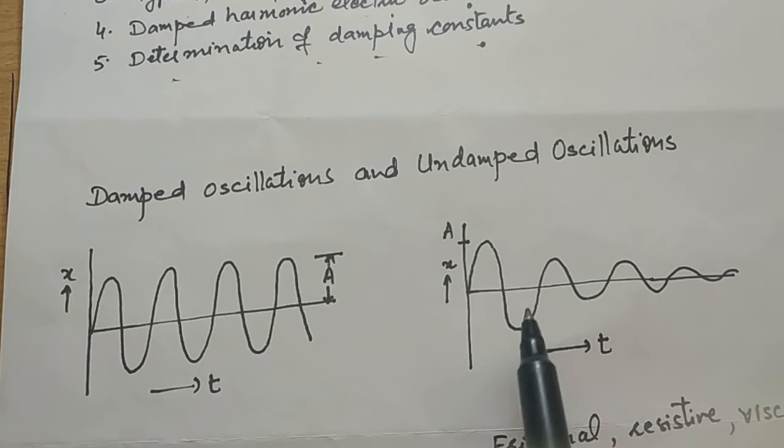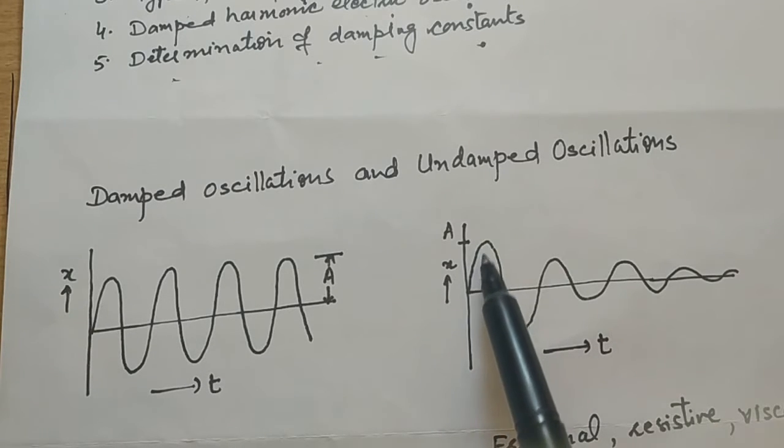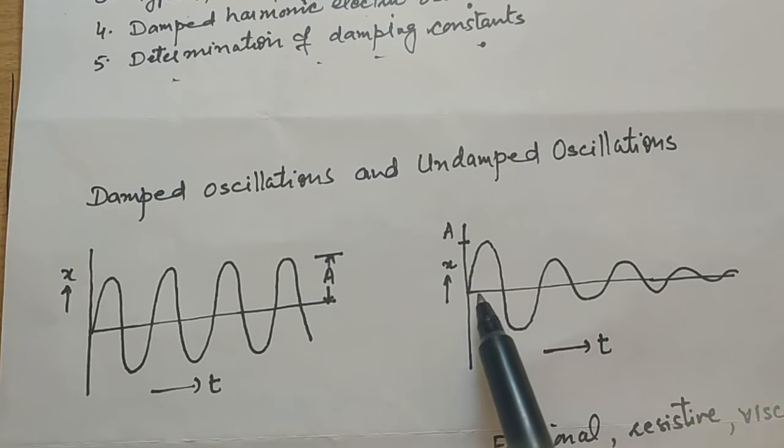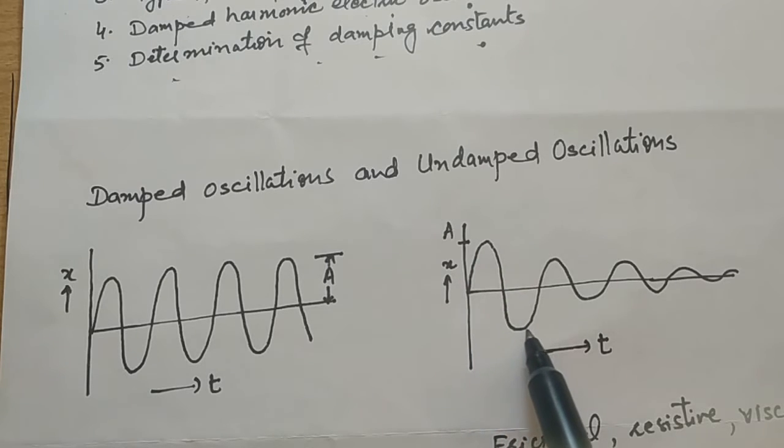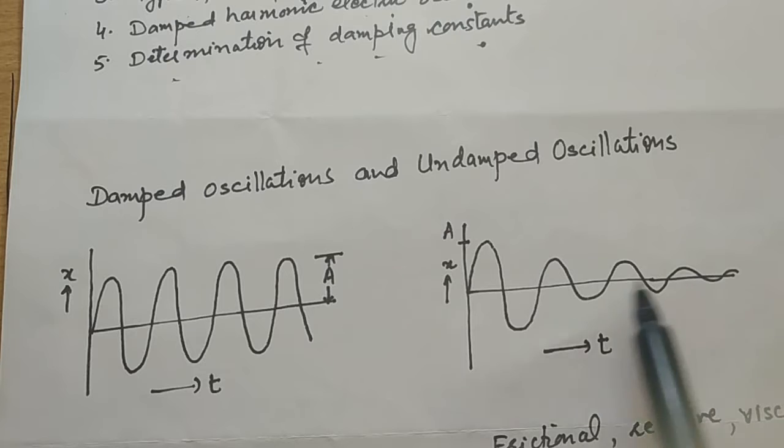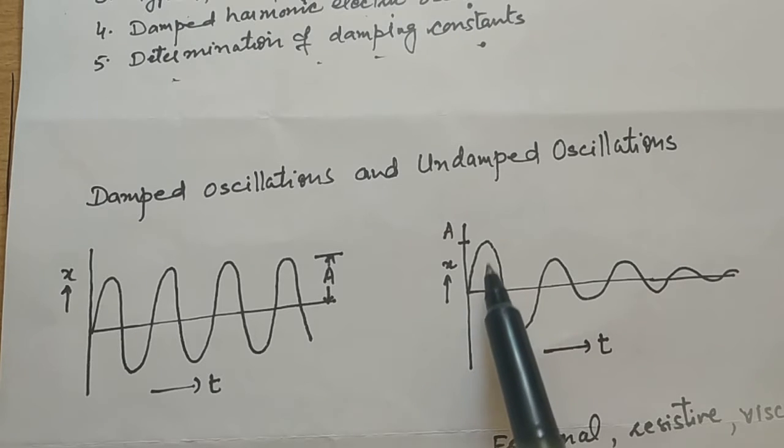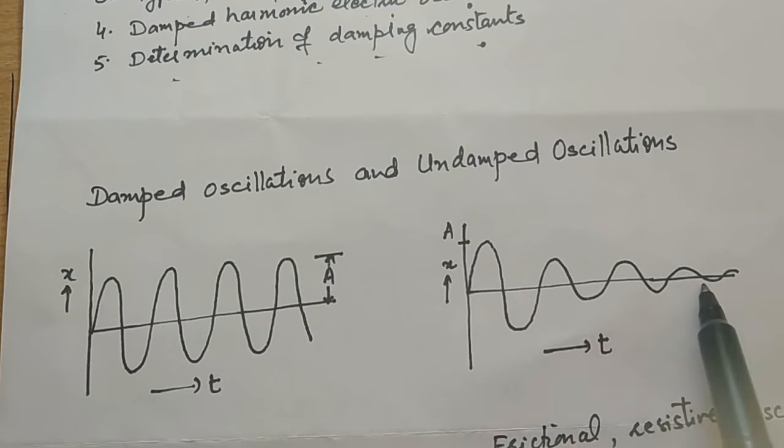Whereas in some oscillators you will find that amplitude, that is maximum displacement, keeps on decreasing in every oscillation, and when this amplitude keeps on decreasing, such oscillations are called damped oscillations.